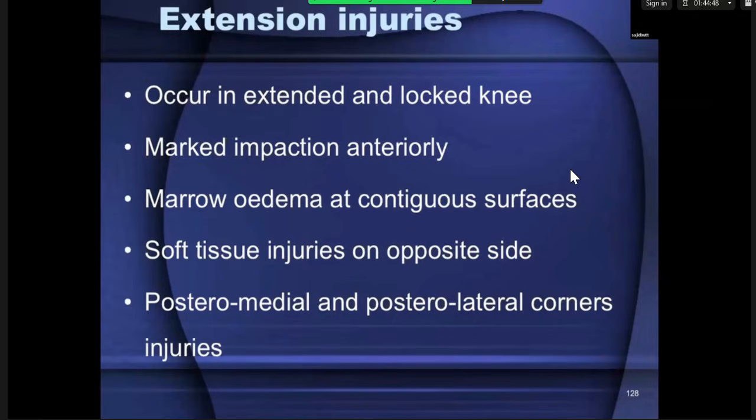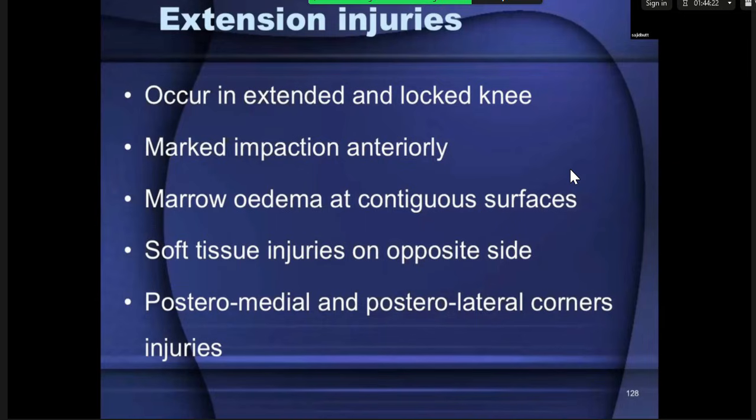Moving on to another typical exam case, which is hyperextension injuries. These occur in an extended and locked knee. So the patient has got their foot firmly fixed on the ground, and you've got a big force coming in from the front. There is an impaction anteriorly, similar to the dashboard injury I showed you earlier, which resulted in avulsion of the PCL.